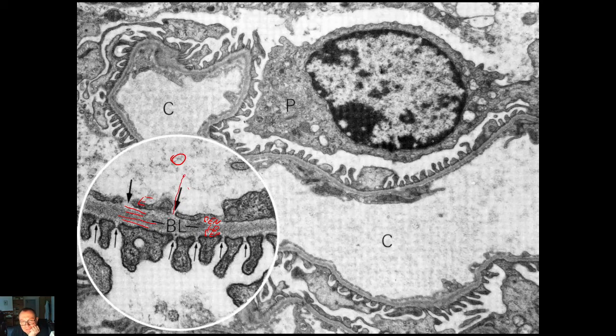Then there is a complex of basal laminae, which serve as a filter, mostly collagen type 4 in the lamina densa.